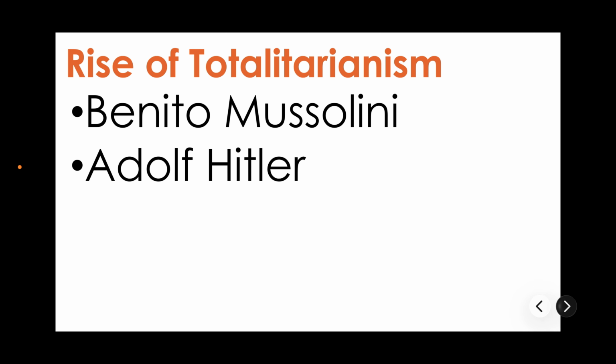Our next person that we're going to look at is Adolf Hitler. He was a World War I veteran, and his goal was to return Germany to its past glory. So he took control in 1933. Later on this semester, we're going to look at documents that proved how Germany started off as a democracy, but these documents that he signed, put into place, basically stated that in the event of an emergency, Hitler could shift this democracy to a dictatorship.